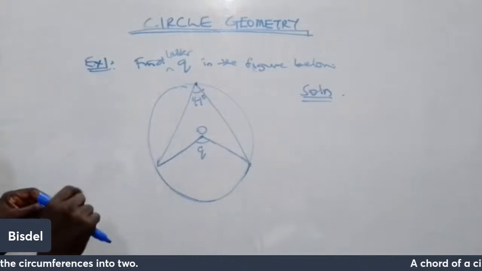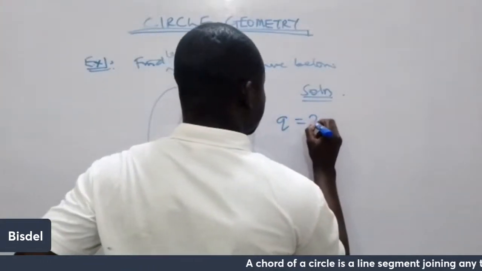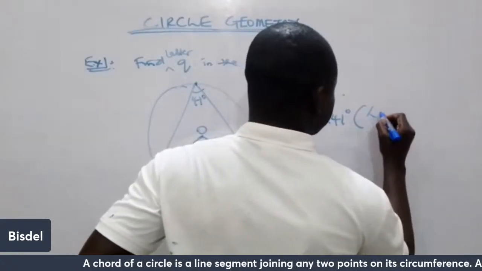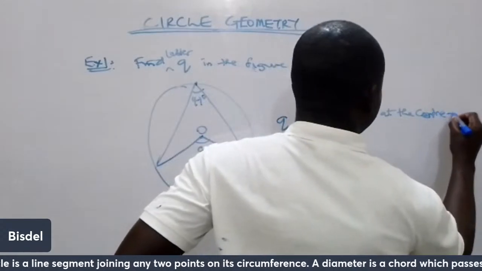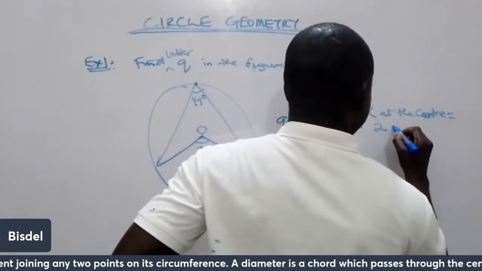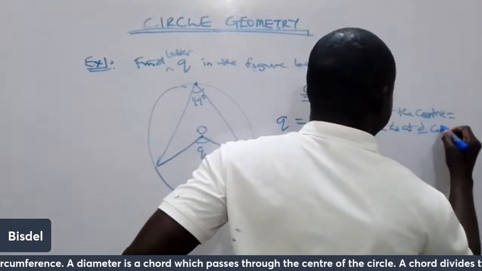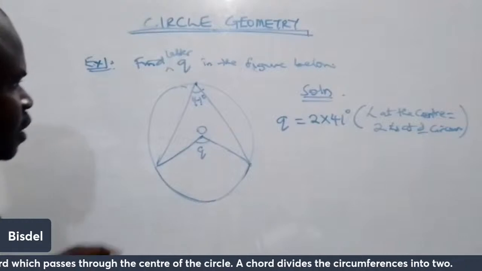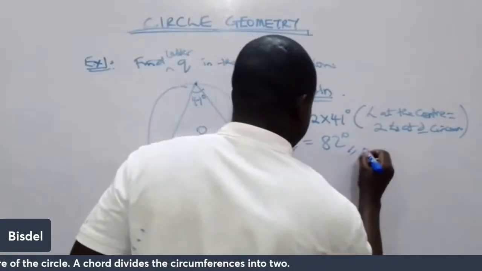It's the same arc that subtends the two. Then we can generalize. We can say Q is equal to 2 times 41 degrees. Reason: angle at the center equals 2 times angle at the circumference. So you just say Q is equal to 82 degrees, and that's the answer.